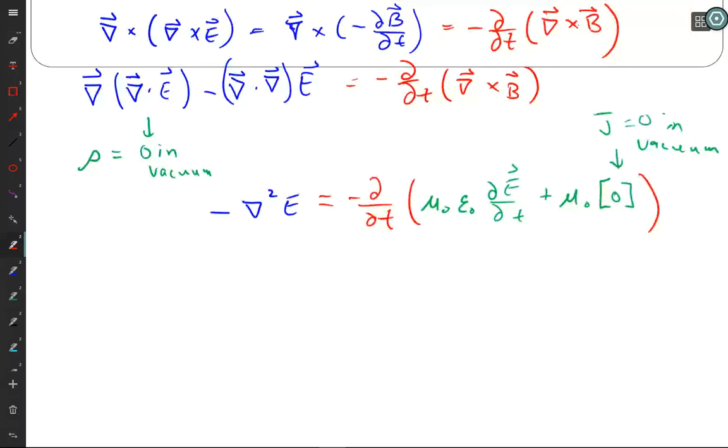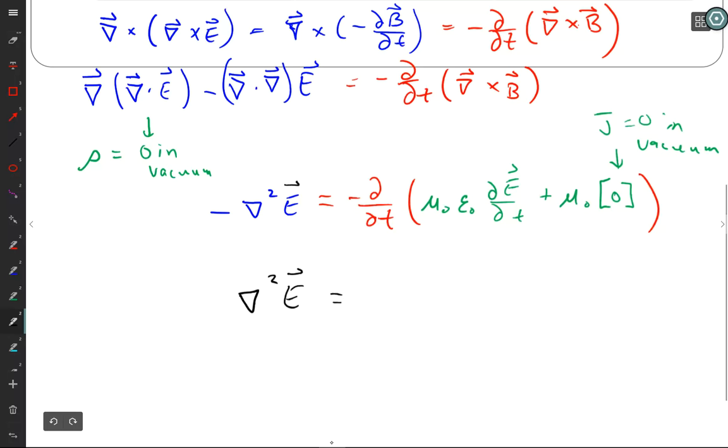And so now I have a minus sign on both sides of my equality. So I'm going to multiply everything by -1 just to get rid of that. And I have del squared E. And actually, I dropped a vector sign. That should have had the vector sign above it.